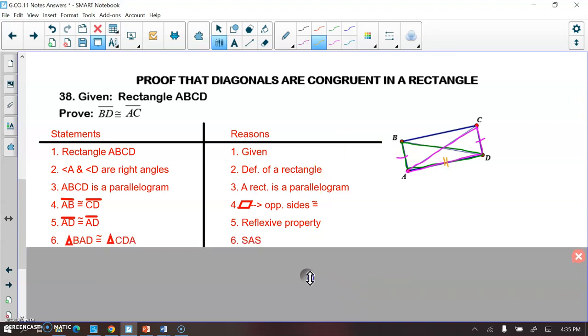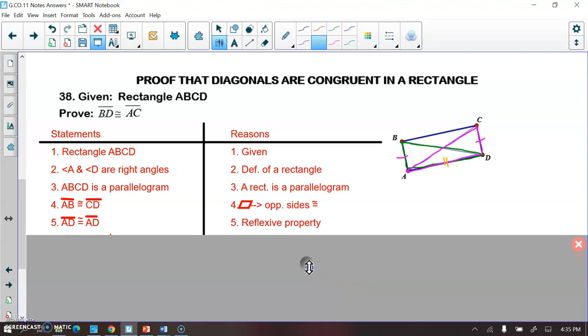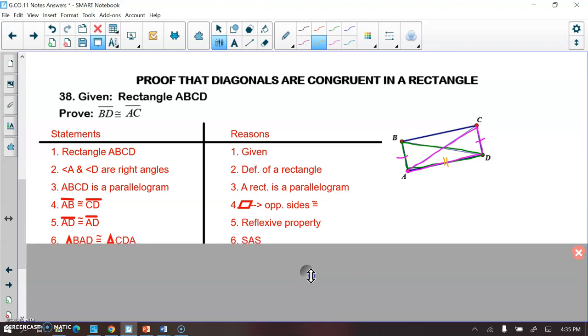And then also, oops, I missed my step. I will fix this. You guys are going to put a step in here that says angle A is congruent to angle D, and that is by the right angle congruence theorem.